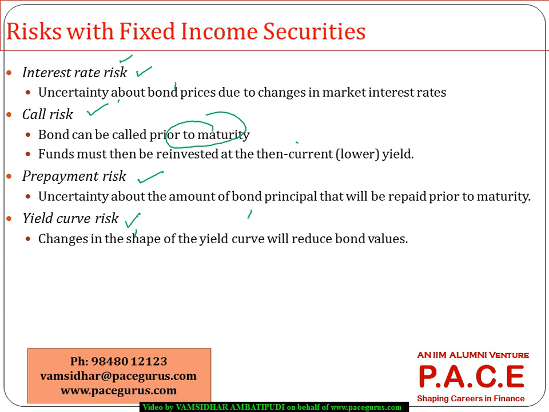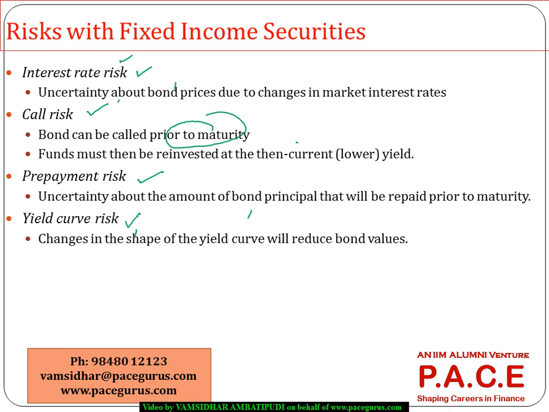So what we are saying here is the yield curve, which means the interest rates with time, that's the definition of a yield curve. If that is not evenly changed, so probably short term is increased by 0.5%, but long-term investments see no increase. Or it could happen the reverse: short-term rates no change, but long-term rates increased by 0.5%.